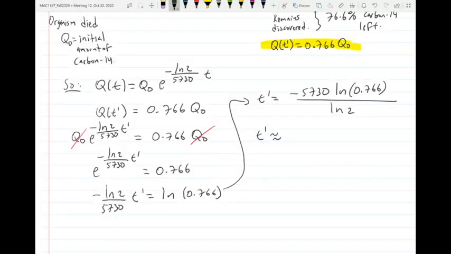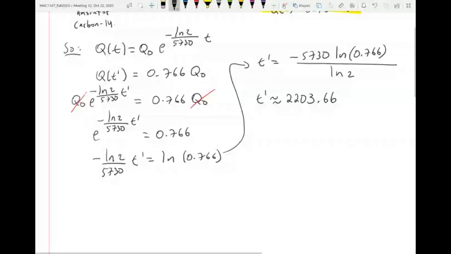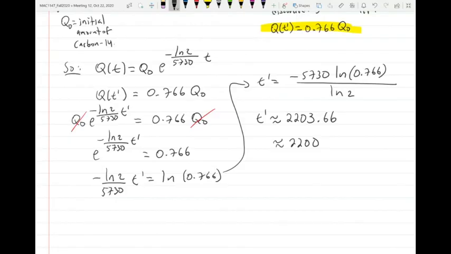So I'm getting that T prime is about 2203.66. The question is asking to round to the nearest 100 years, so this would be about 2200, right? So that means that the bones are about 2,200 years old.